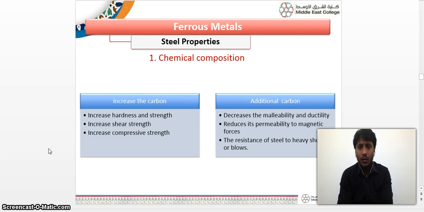Please find out the meaning of malleability and let me know; I'll check who tells me the answer in class. It also reduces permeability to magnetic forces and the resistance of steel to heavy shocks or blows. So these are the chemical composition effects on steel properties.